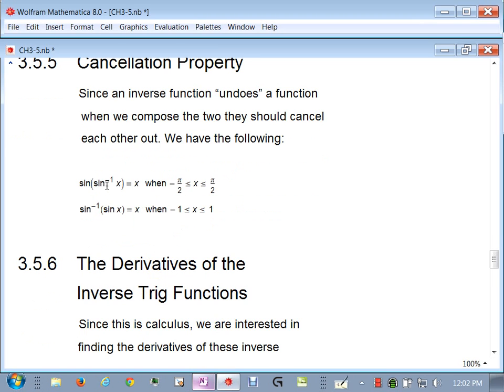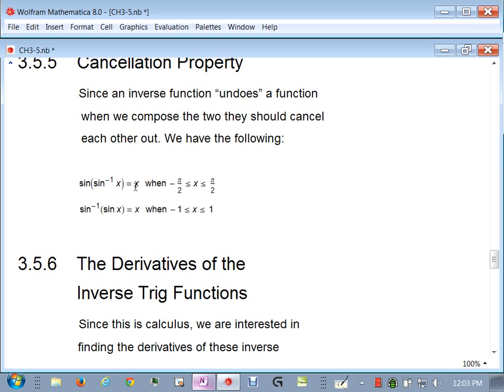If you take the inverse sine of x and then take the sine of that, you compose them together, they wipe each other out, and it just spits the x right back out, right? I always equate it to a car wash. You got a dirty car, you send it through the car wash, and then you drive it through an inverse car wash and your car comes out all dirty again. So the inverse car wash undoes the car wash. That's exactly what's happening here.